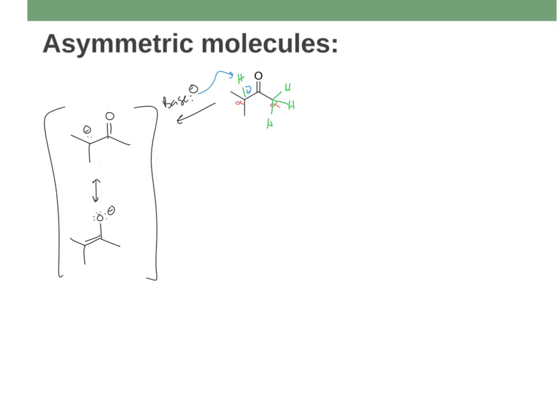So that would give me 1 enolate. Or I could remove it from the right-hand side. Again, I'll leave the base generic here. We'll talk about big bases, small bases, strong and weak ones in a little bit. Or I could have a base take off one of these other ones on the right-hand side. If I do that, I get the anion over there on that methyl group.